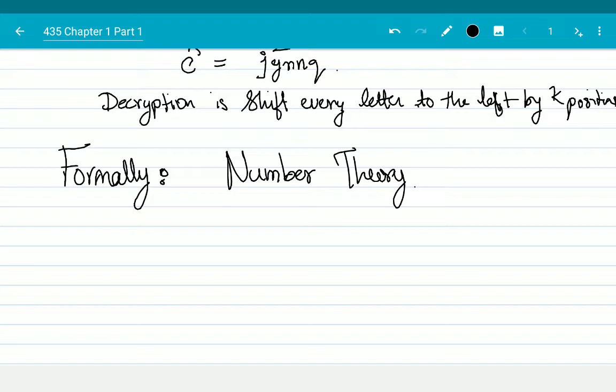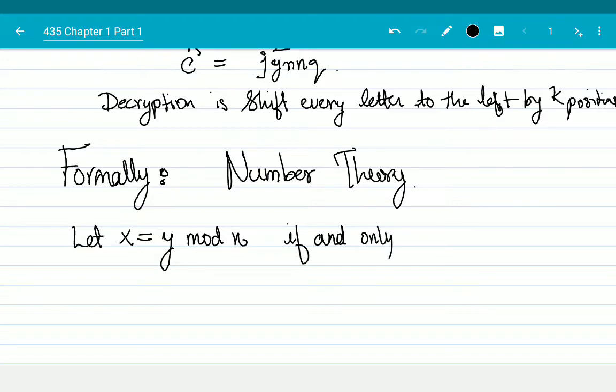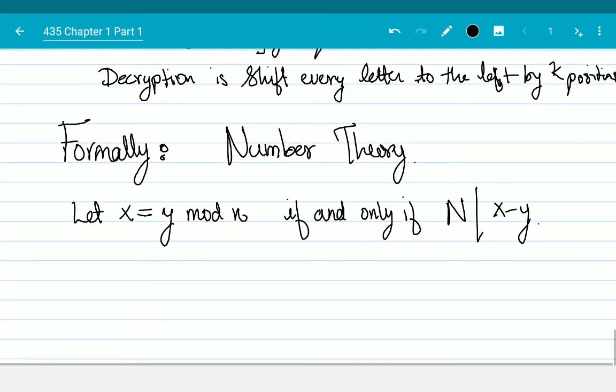But here's what we are going to find. We will say x is equal to y mod n if and only if n divides x minus y, right?